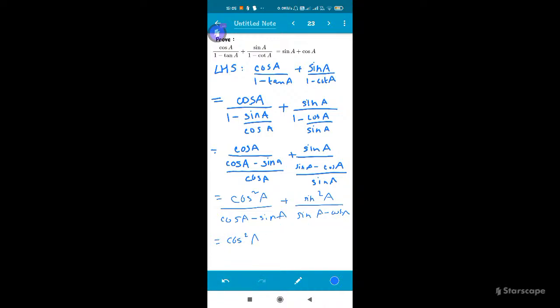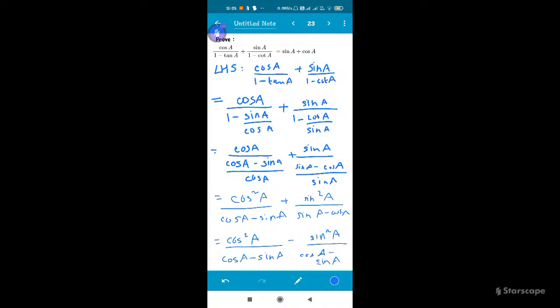Cos square A divided by cos A minus sin A minus sin square A divided by cos A minus sin A.